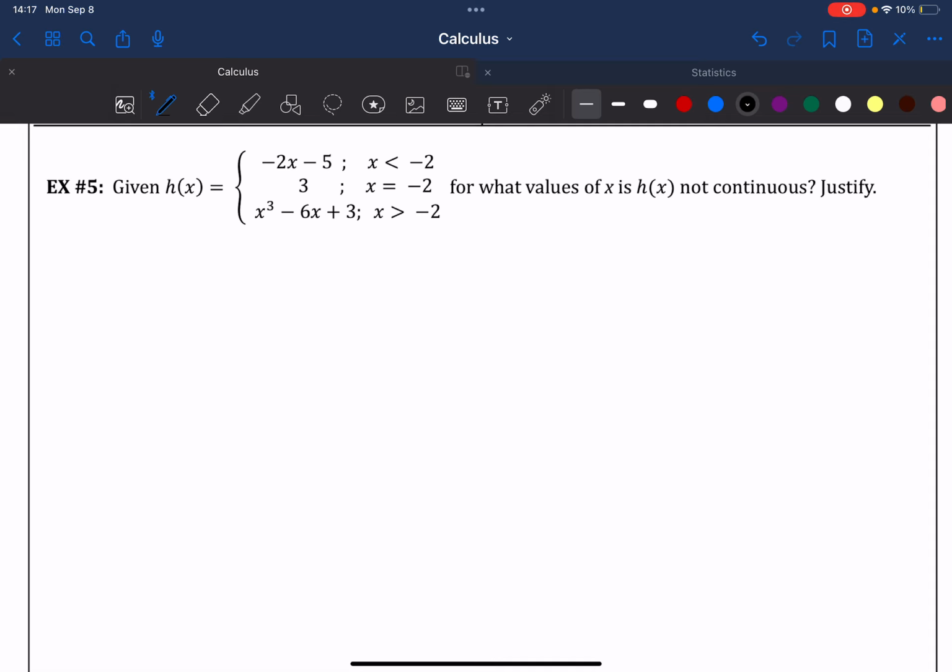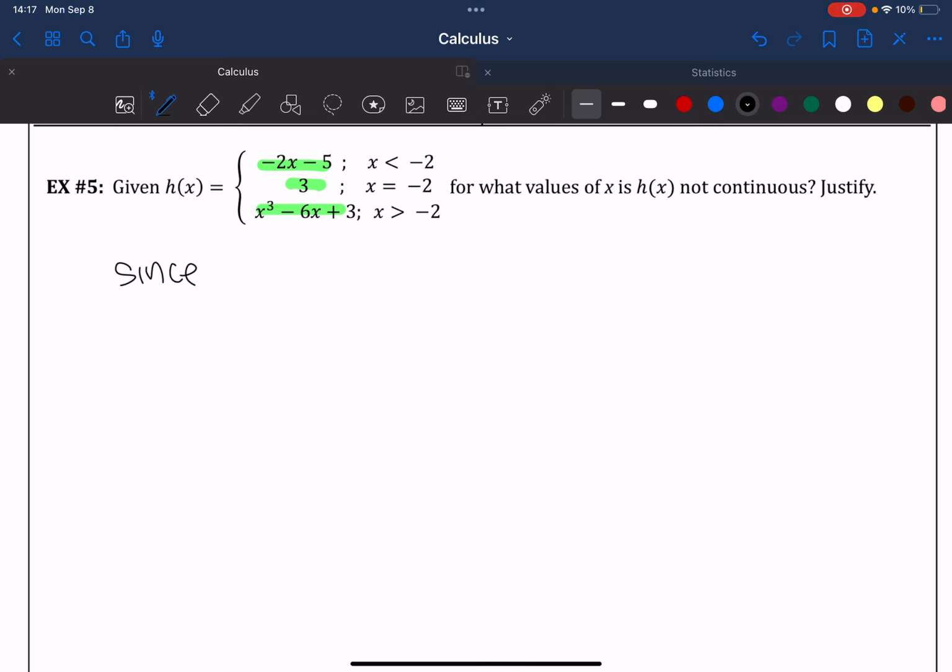The first thing is we have to look at this piecewise function, and we have to determine if each piece of this piecewise function is continuous. Well, looking at each of these pieces here, notice that we have a linear equation, a constant equation, and a cubic. All three of those are considered polynomials.